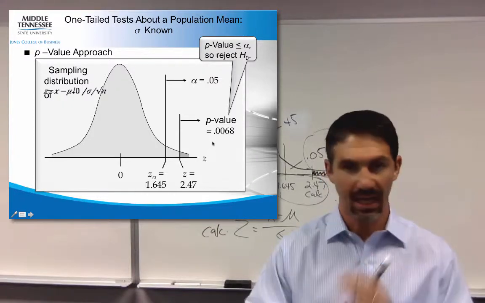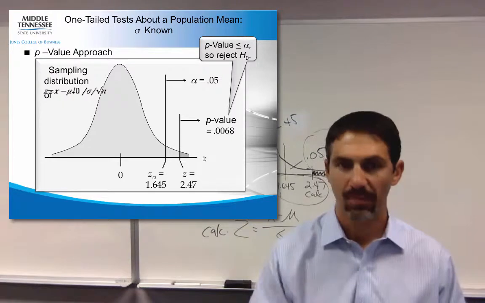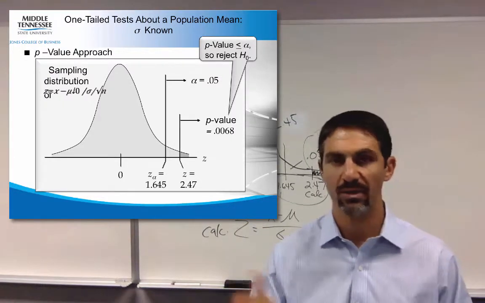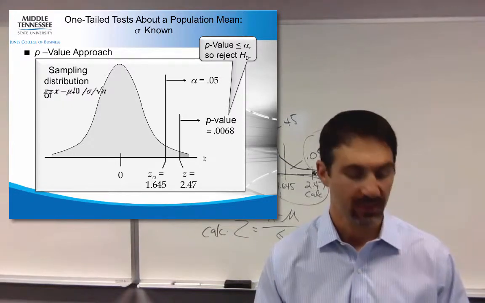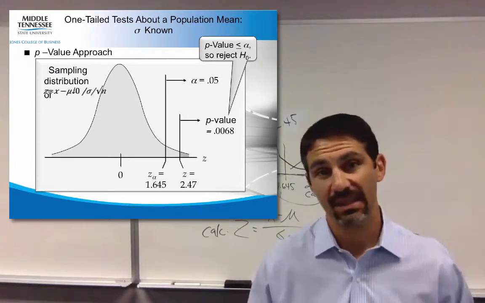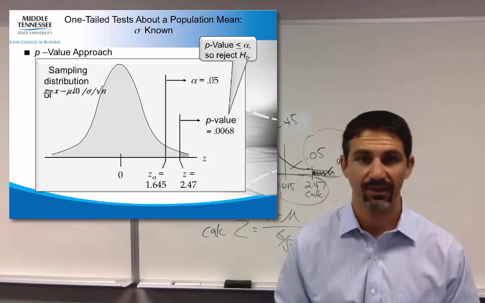And when you look at it, again, you've got the p-value compared to the significance level, and the 1.645, which corresponds to the significance level, and then the calculated being 2.47. Now, where did significance level come from? It's kind of just a known standard that it's 0.05.